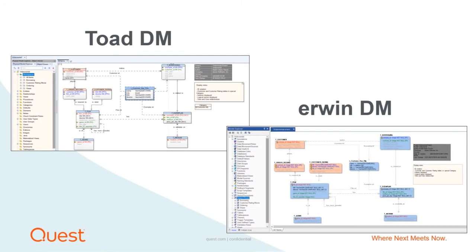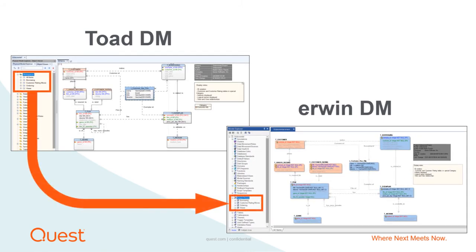This is a side-by-side visual comparison of the Toad Data Modeler sample model file video rental. Quick visual inspection of these two models indicates a similar display layout. The Toad DM workspaces have been successfully migrated as Erwin DM subject areas.